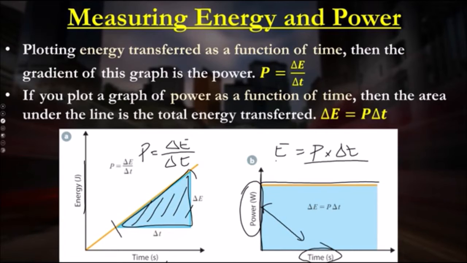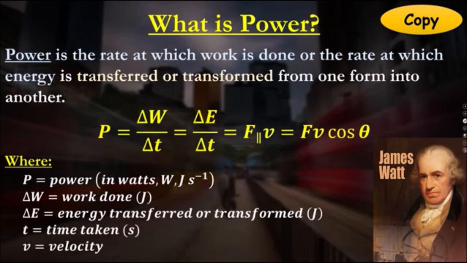So you could see by the way you plot the graph, one plot, energy against time, will give you power as the gradient. If you plot power over time, the area will give you energy. And so that's what we come to our conclusions with power.